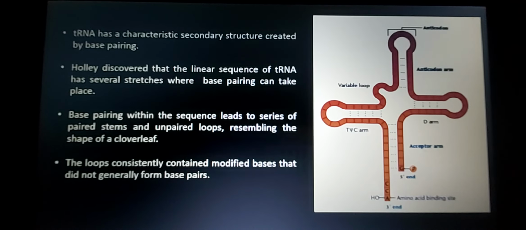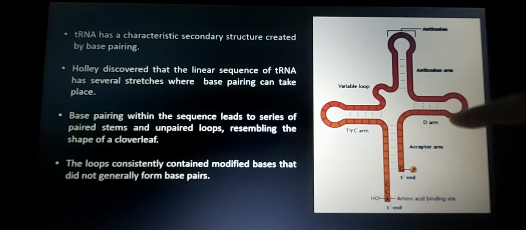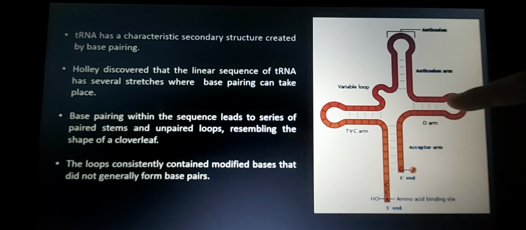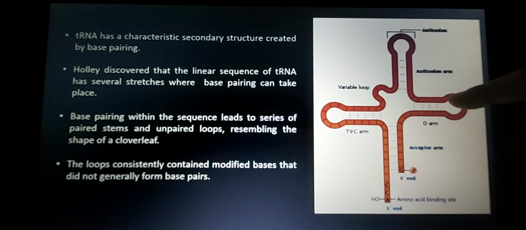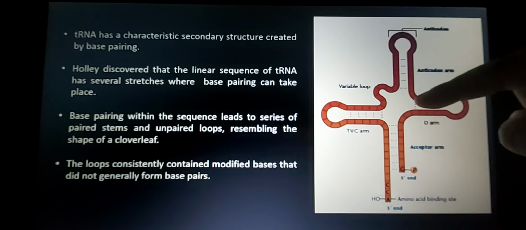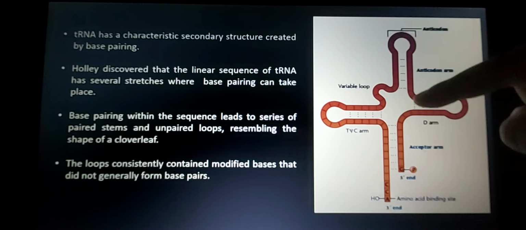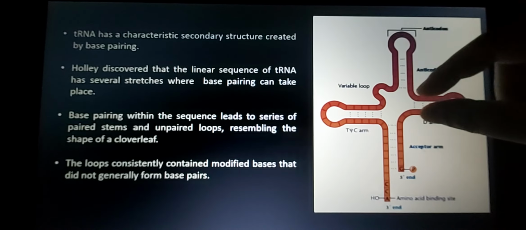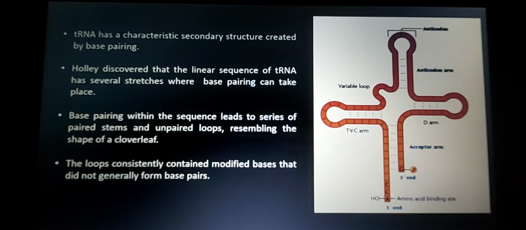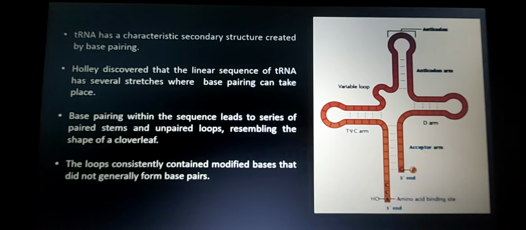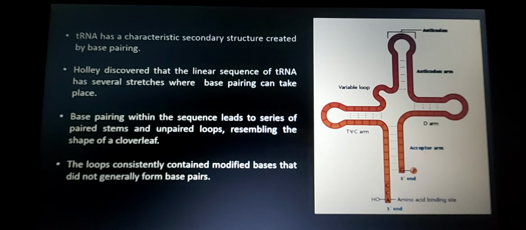We call them unpaired loops, because the bases present here are not complementary to the bases opposite. However, because of the complementarity of the opposite bases, there is base pairing in the stems. So the tRNA sequence doesn't remain in a linear form.